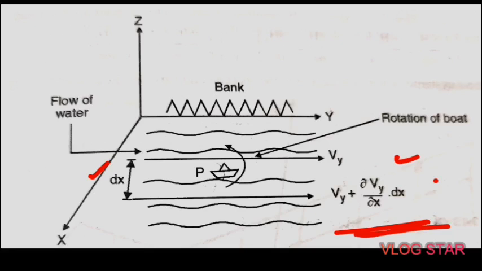This indicates that the values of velocity at opposite sides of point P are not equal. So this causes the rotation of the boat about point P, in the direction shown in this figure. This indicates the curl operation, which causes the rotation or twisting.